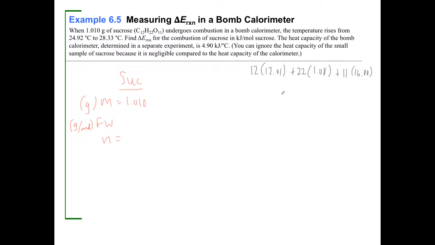And this equals 144.12 plus, I can't do that in my head. I need a calculator here. All right. 12 times 12.01 plus 22 times 1.08 plus 11 times 16 is equal to 343.88.